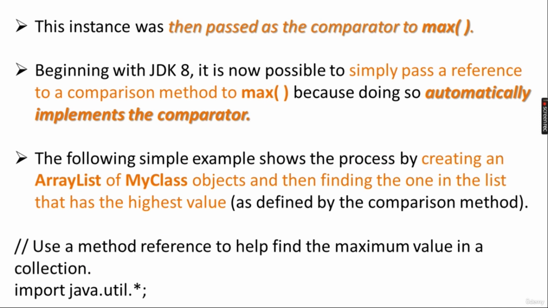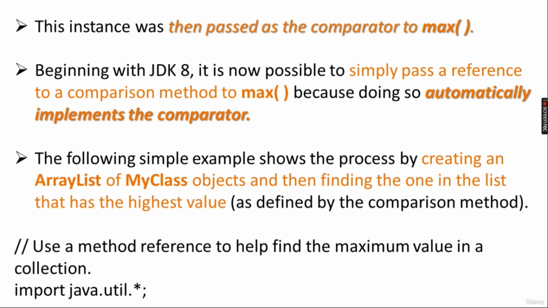Now, beginning with Java 8, it is possible to simply pass a reference to a comparison method to max, because doing so automatically implements the Comparator. So all things are easier now. After Java 8, we simply pass a reference to a comparison method to the max method, and it automatically implements the Comparator interface.